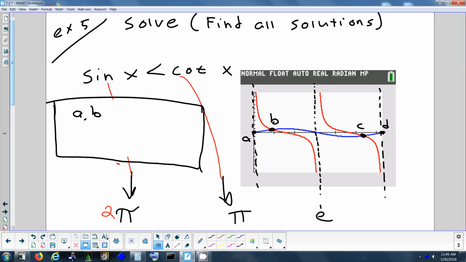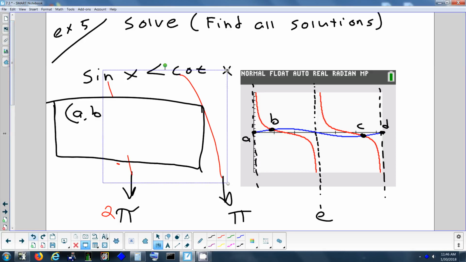You cannot include a point if it's on an asymptote. Parenthesis. I don't understand what you mean by under. Well, if you look at the blue graph, it's underneath the red graph. The blue graph is below the red graph. Look at the heights. The red graph is up higher than the blue one.